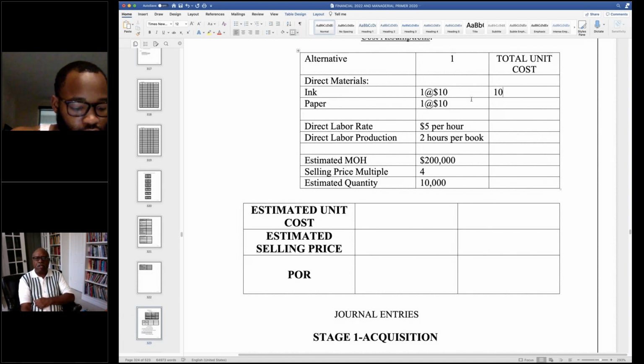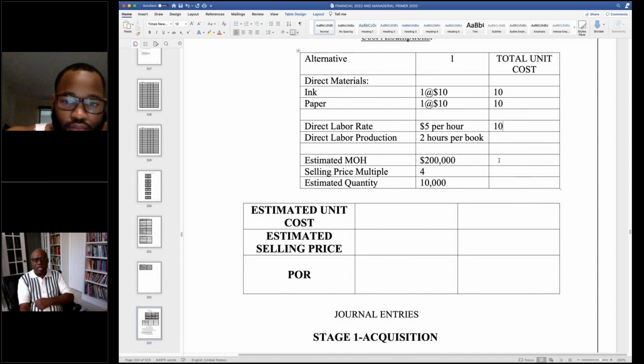Our paper is 1 at $10. Our labor, we can make two, it takes us 2 hours to make one book, and the labor rate is 5. So we're going to multiply because it takes more than an hour to make the book. So the labor is 10. Okay.